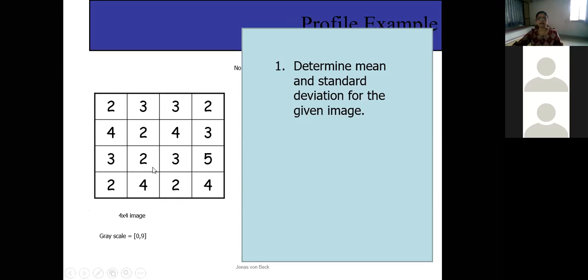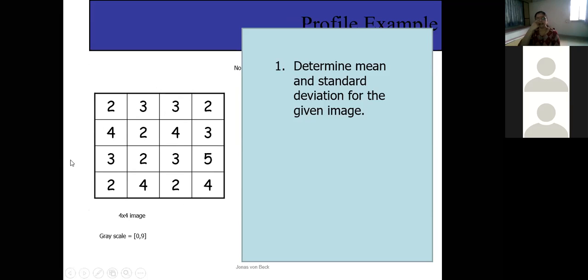So again, consider the same image. Determine the arithmetic mean for this image. This is a simple example. Add all these pixel values and divide by the total number of pixels. There are 4 rows and 4 columns, so a total of 16 pixels.